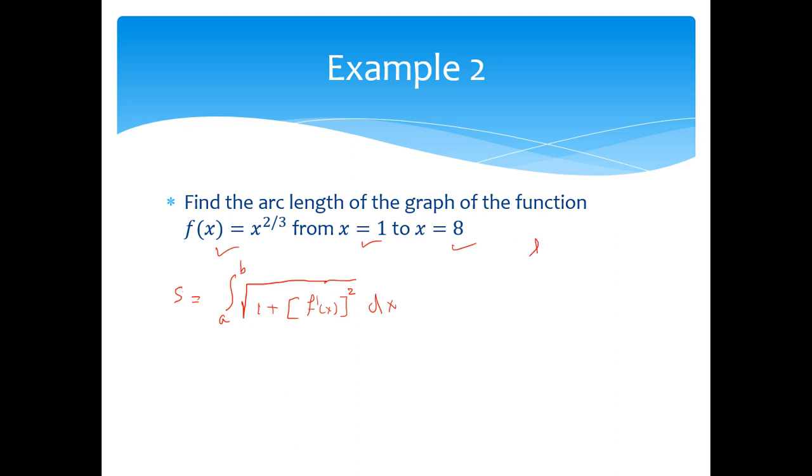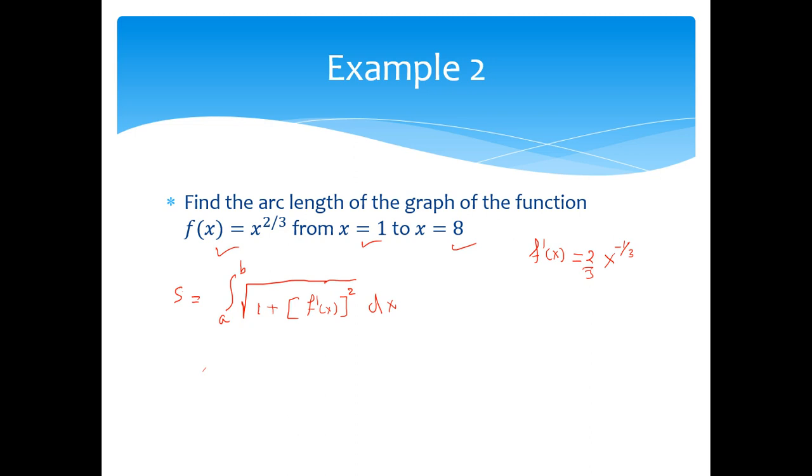So now we find the derivative of this function. We bring down the exponent, we subtract 1 from the exponent, negative 1/3.